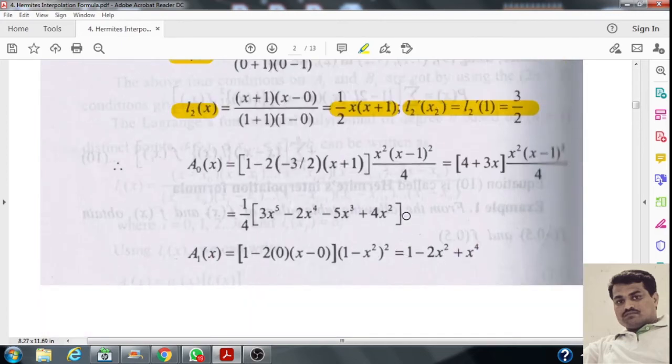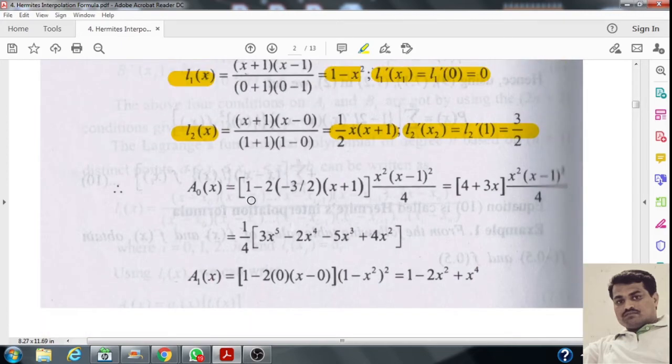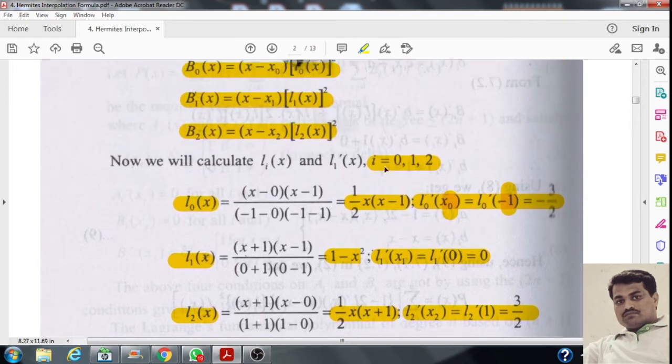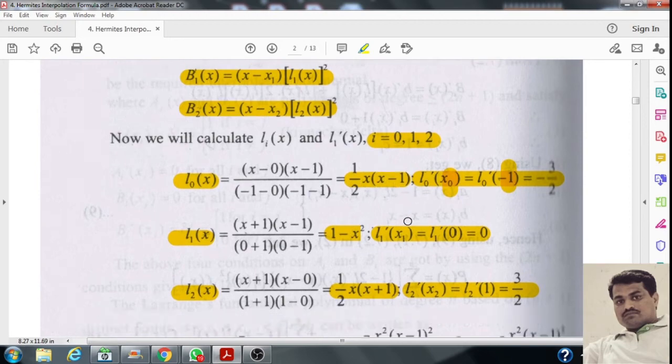Hence first we consider a0. What is the formula? 1 minus 2 times L0 dash of x0, which is minus 3 by 2, into (x minus x0), and we know x0 is minus 1, so minus minus we get a plus, and then into L0(x) bracket square. What is L0(x) here? L0(x) is 1 by 2 into x into (x minus 1).